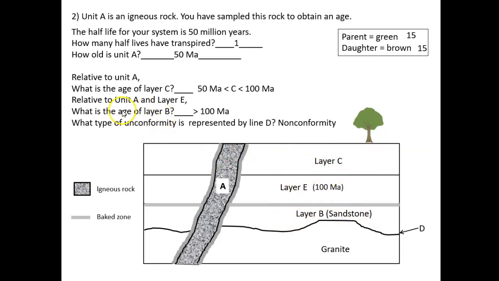What's the age, if we're following along with this little questionnaire here, right? What's the age of B? All I know is that it's older than 100 million because it existed when this layer was deposited on top. A doesn't really help me with that, give me any closer to the exact number, but I certainly could say that B has to be older than 100 just because of its order.